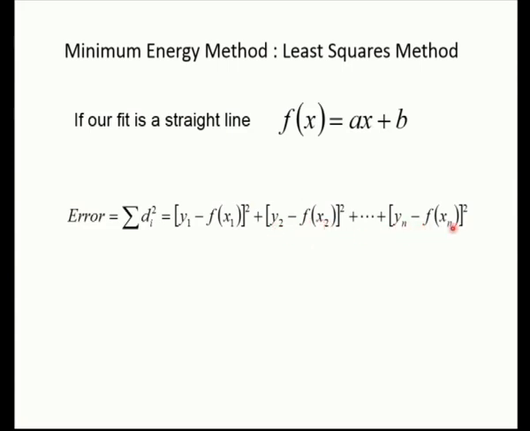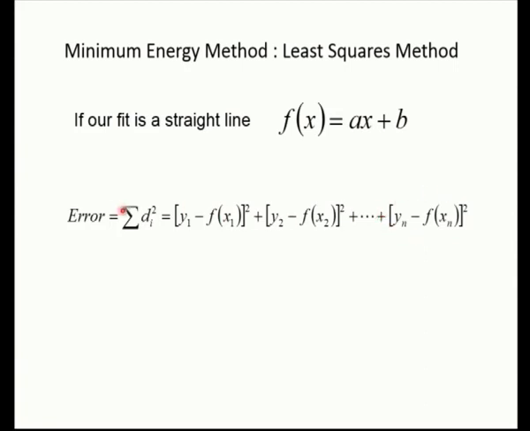Likewise for the last point yn minus f of xn whole squared. This is the distance between the first point on the data and the corresponding point on the line, and this is the distance between x2, y2 and the corresponding point on the line, and this is the distance between the last point xn, yn and the corresponding point on the line.